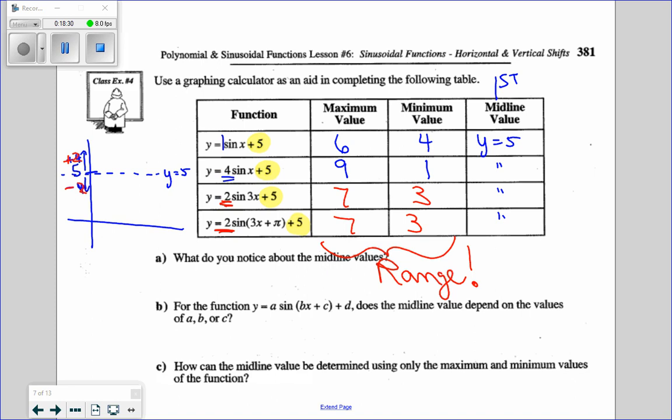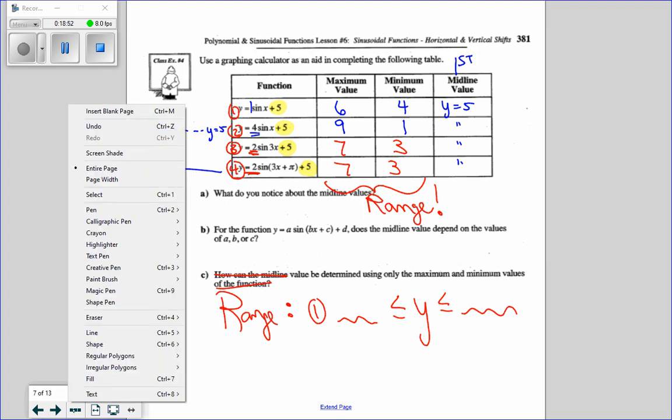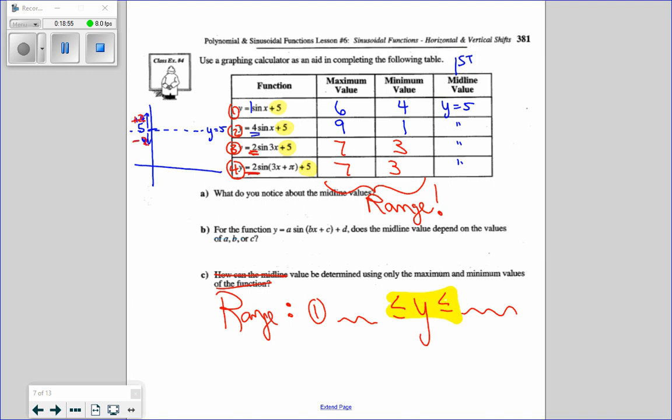If we just look at part C here, if it asks you for the range of each one of these, remember your formula for range. You have to draw this thing in the middle. Remember, you have to draw in that inequality. And then the first number that you put in is the bottom. The second number you put in is the top, or in other words, minimum and maximum.